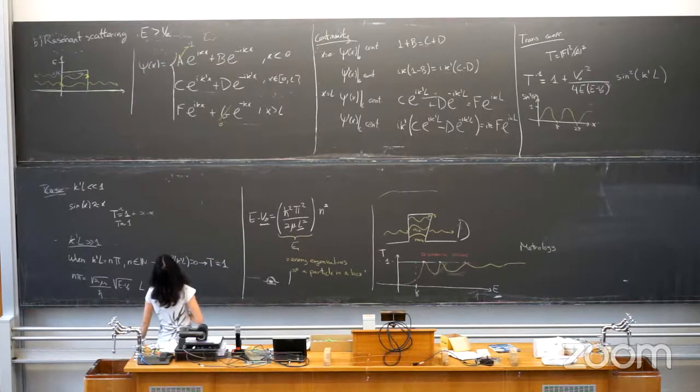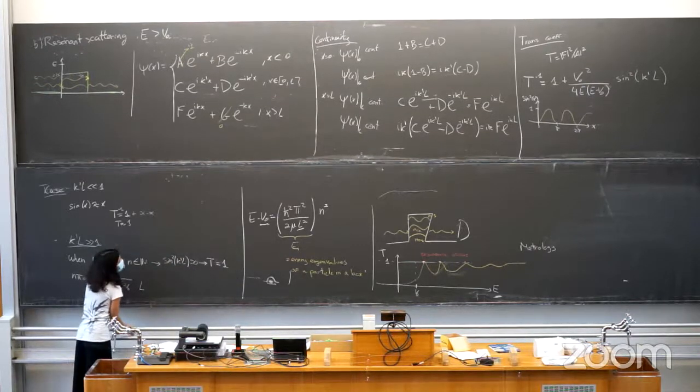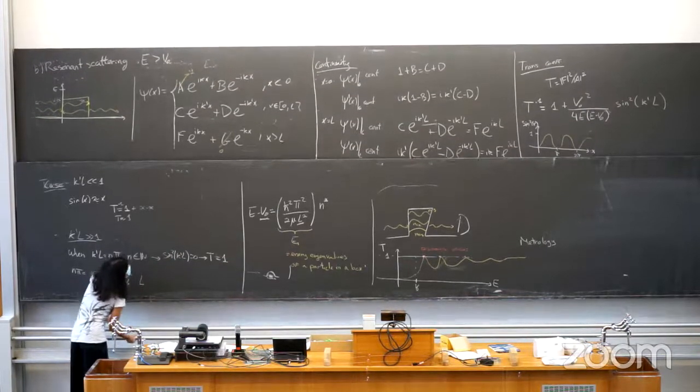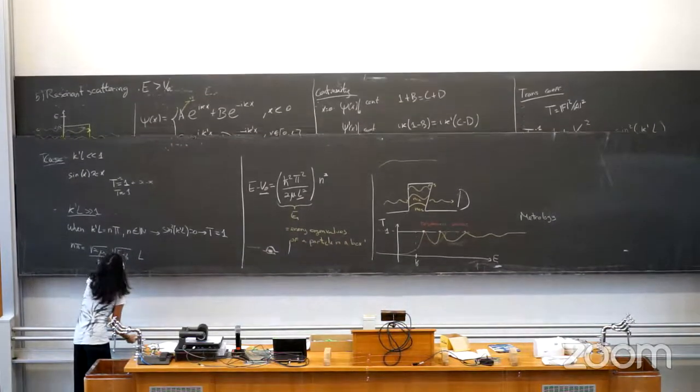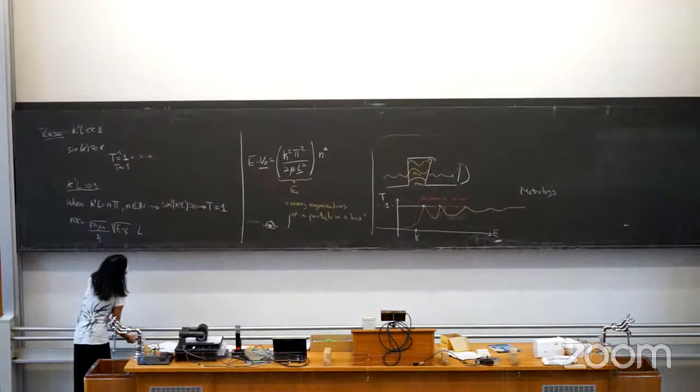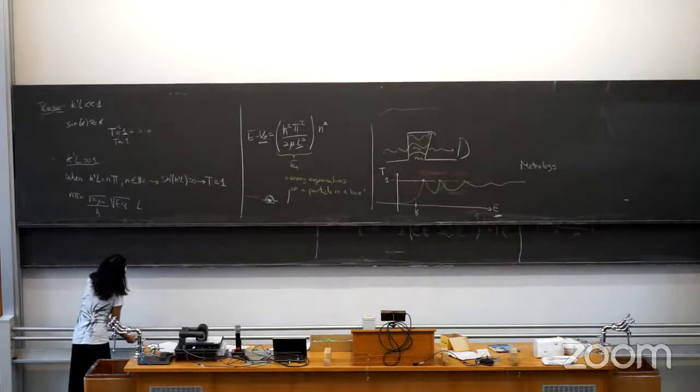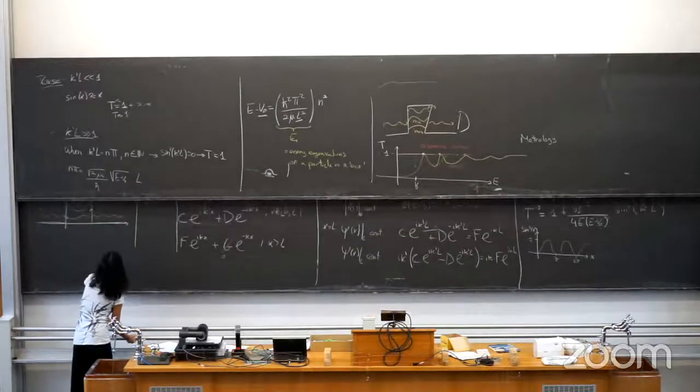So where is it in the graph? The K prime? Yeah, so the K prime is the thing in the middle. So the K prime is here.